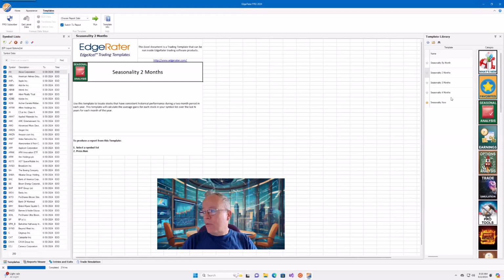I wrote that in EdgeRater chart script, and then I realized it became very complex because there were lots of conditions that you have to look out for. So then I just put it into the program itself as a method that you can call from your script. That makes it a lot easier.